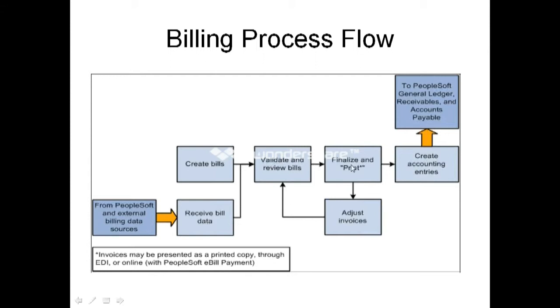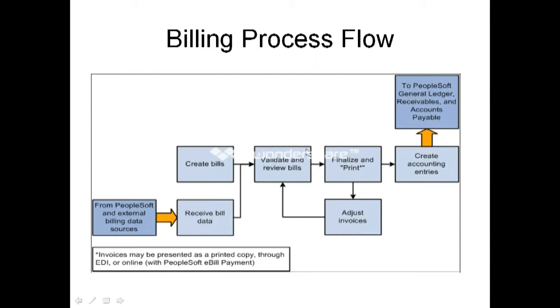That will generate the invoice based on the format that you have provided, either through the source data or through setup. It will print the invoice accordingly. After finalizing, if you want to adjust any invoices, you can do that, validate it again, and regenerate the invoices.